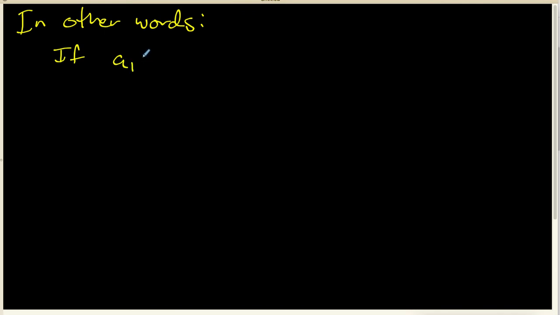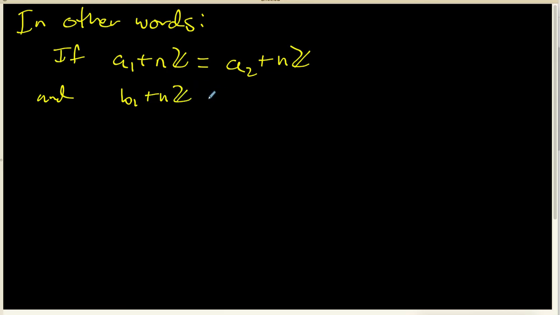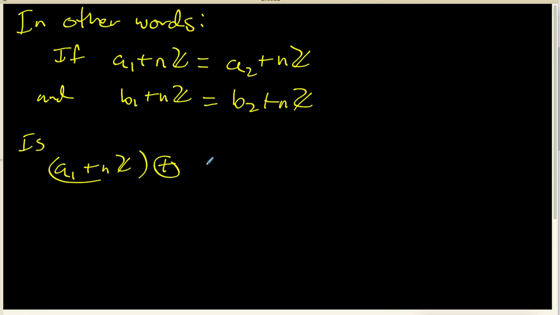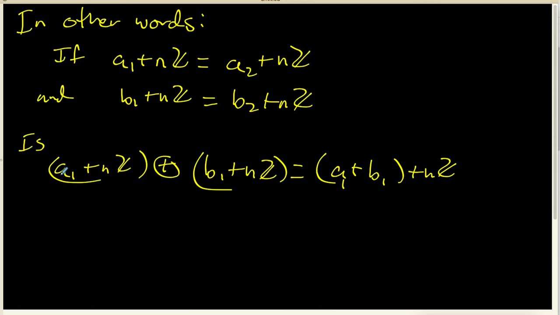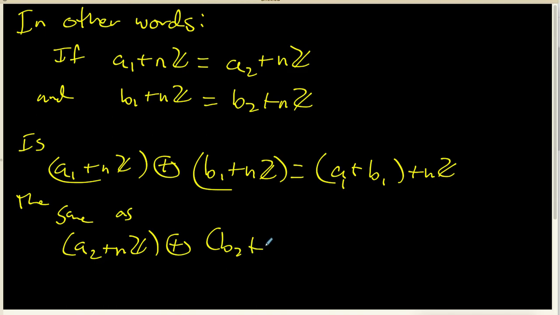If I know that a1 plus nZ is the same left coset as a2 plus nZ, and I know that b1 plus nZ is equal to b2 plus nZ, is a1 plus nZ plus b1 plus nZ, which is defined to be a1 plus b1 plus nZ, the same coset as a2 plus nZ plus b2 plus nZ, which our definition would say is a2 plus b2 plus nZ?